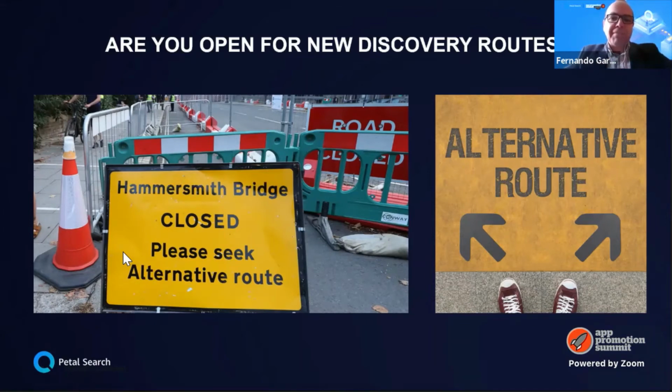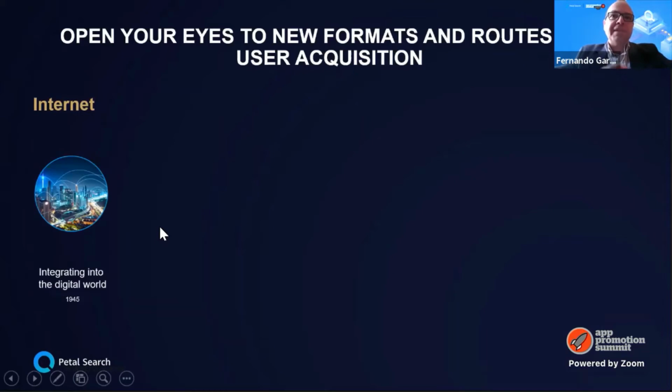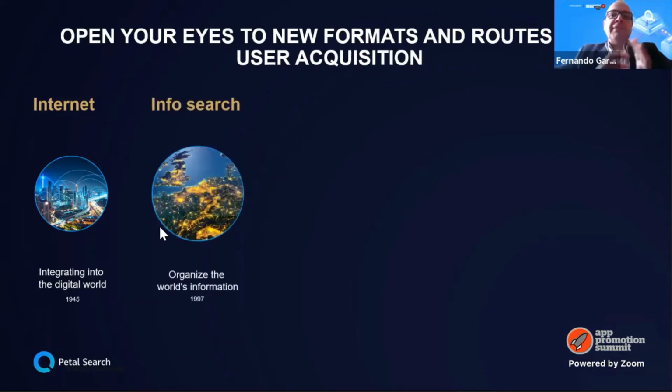For most of us who saw the history of recent digital services, it all started in 1945, when the internet was under research. It started to grow really big, and we had a problem of finding information. So the first big search engines appeared back in the 90s.